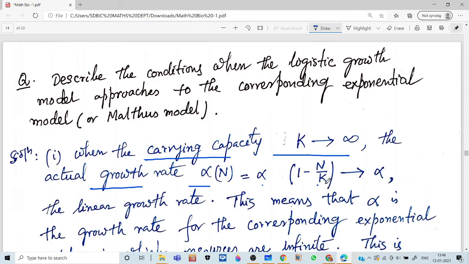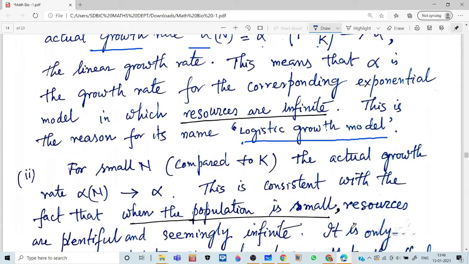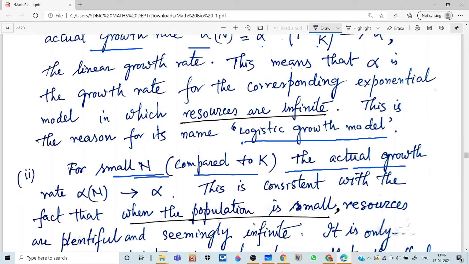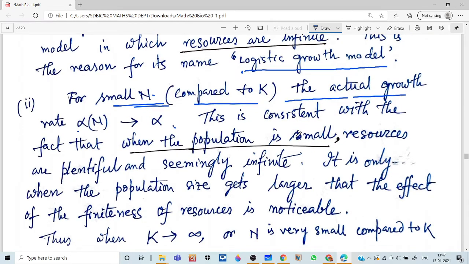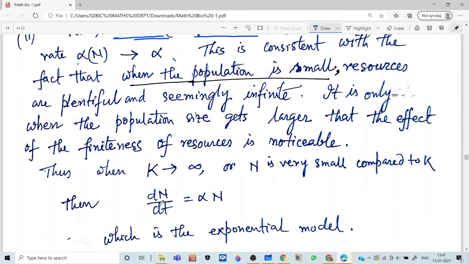So either k tends to infinity or n is very small. The second condition is that the population size is very small. For small n, the actual growth rate alpha n tends to alpha, and then dn dt is equal to alpha n, which is the exponential model.